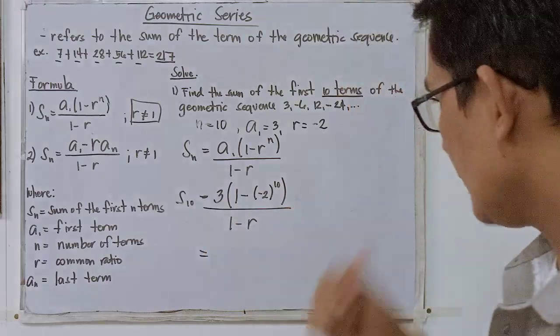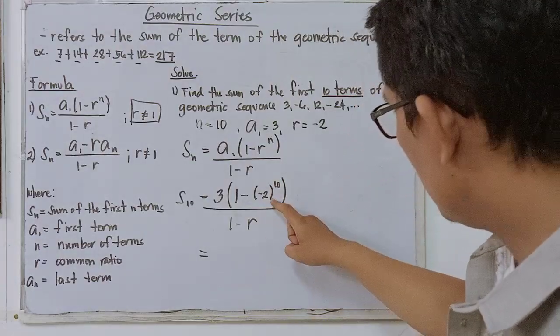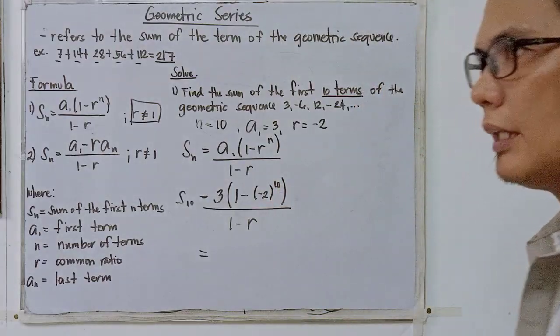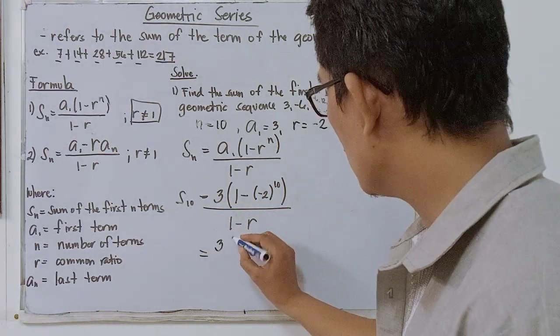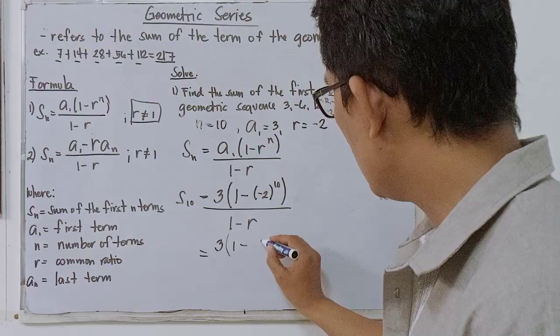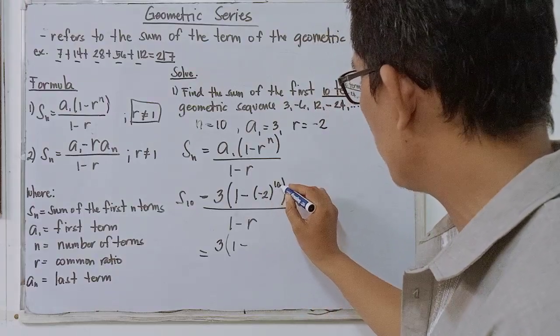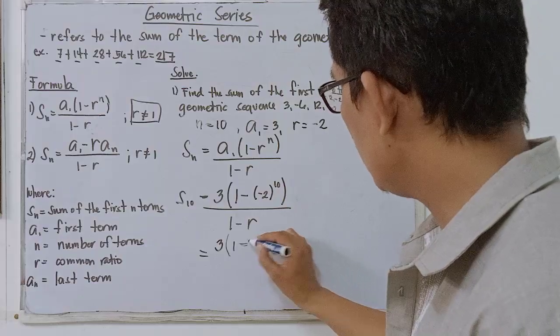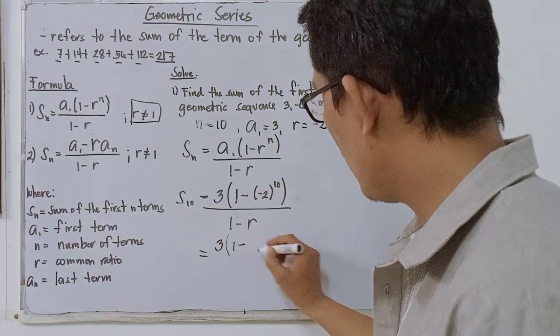Okay? Then let us simplify our negative 2 raised to 10, which is negative 2 multiplied by itself 10 times. Okay, this is a negative raised to an even exponent, so that would be positive, and we will still have our operation negative.